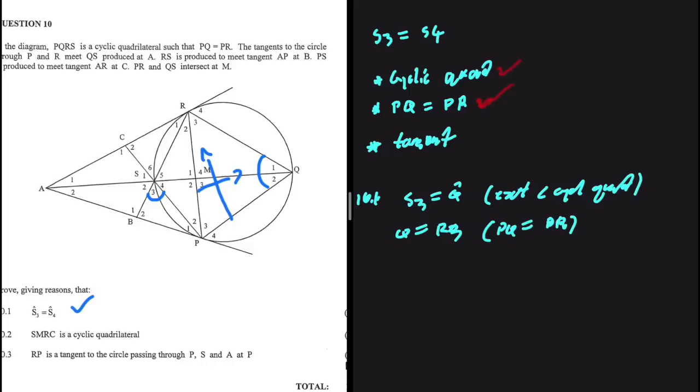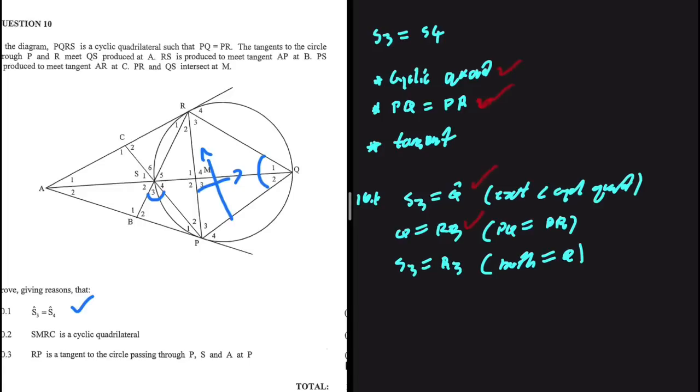If S3 is equal to Q and Q is equal to R3, then S3 is equal to R3 because they are both equal to Q.